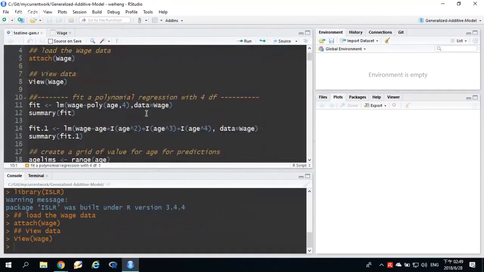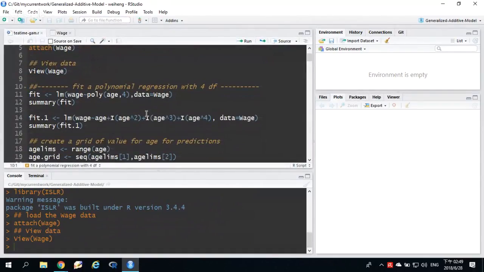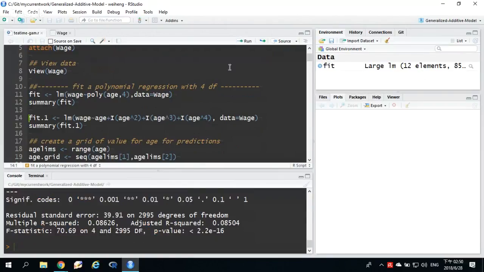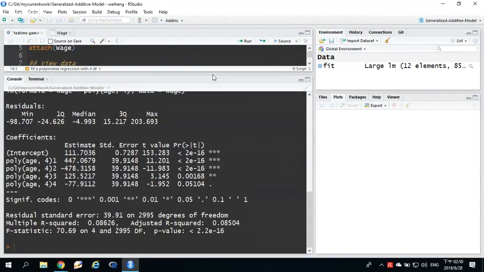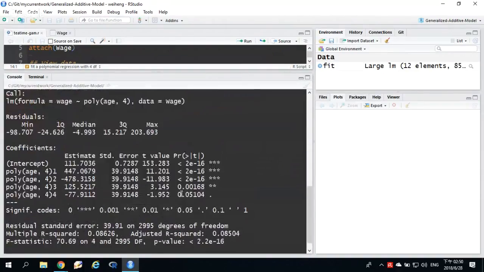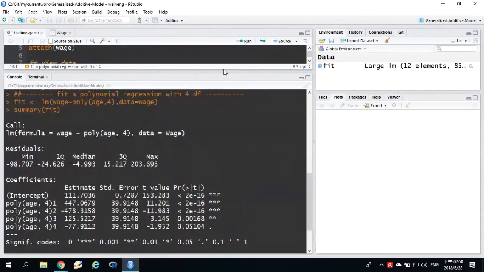And then first, we can fit the polynomial regression with 4 degrees of freedom. You can just use the poly function, choose your degree, and fit it, and that will show the summary result like this. They have the estimates and adjusted R-squared, something like that.